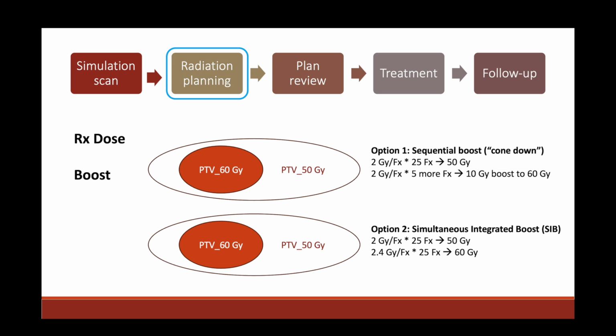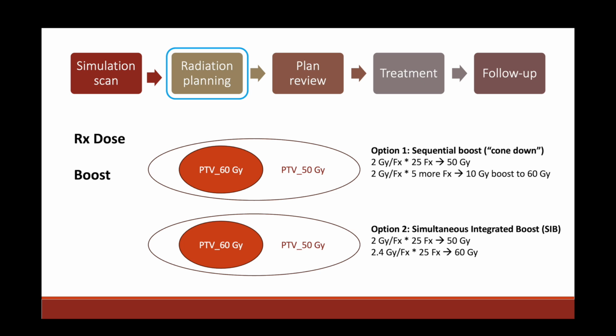That approach is called a sequential boost, and sometimes you'll hear people say cone down. So you'll say, oh, I treated this volume and then I did a cone down to this dose. That just means that the boost was delivered sequentially. So the same dose per fraction usually, but we just gave more fractions to that smaller volume.